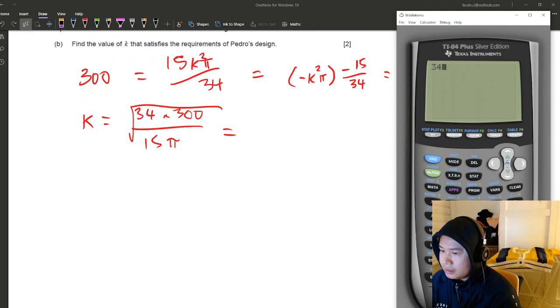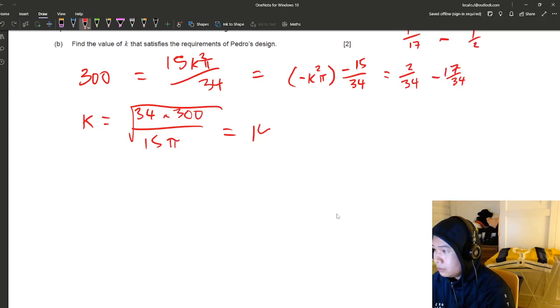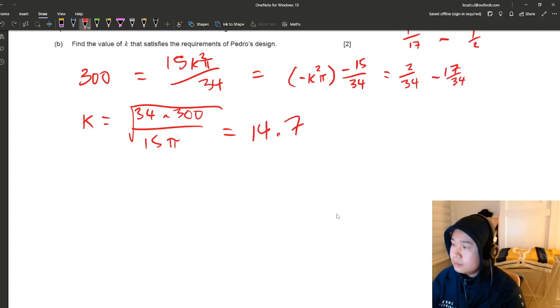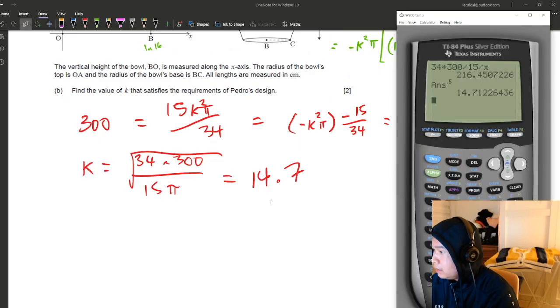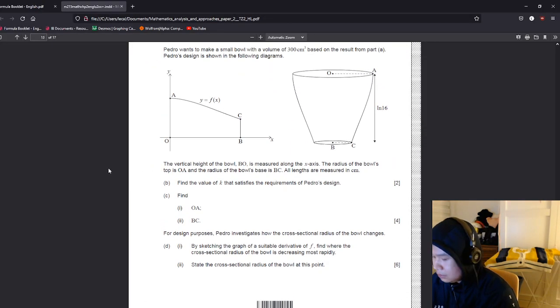So 34 times 300 divided by 15 divided by pi. Okay, and then square rooted. So 14.7. Okay, and then I didn't copy the rest of the question.